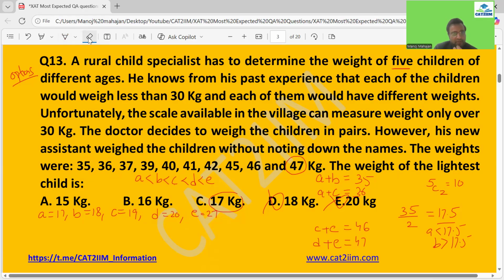So there are 10 over here, right? We have already used this, this, and this. We should be able to make the other weights. If we are able to make the other weights, in that case, the assumption would become correct, right? And if we are getting something different, in that case, the assumption would be wrong.